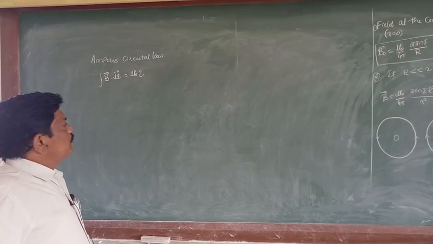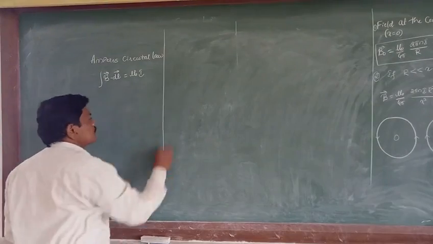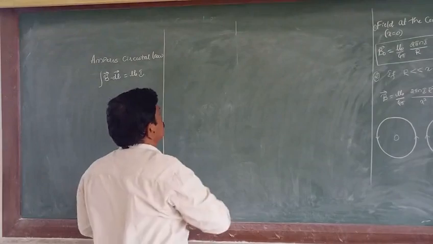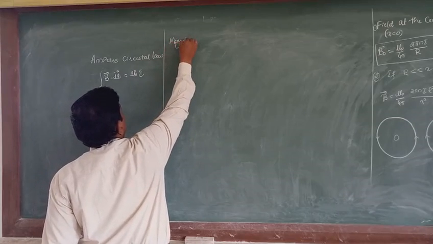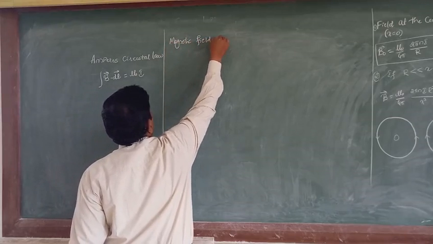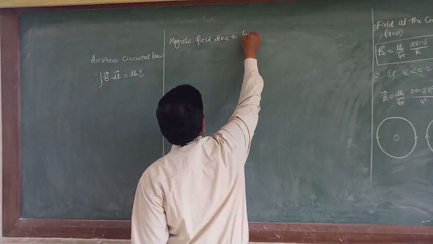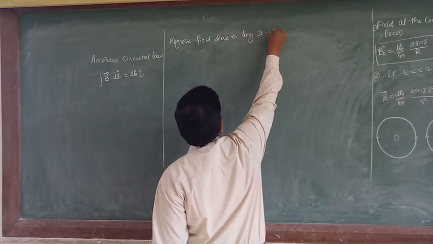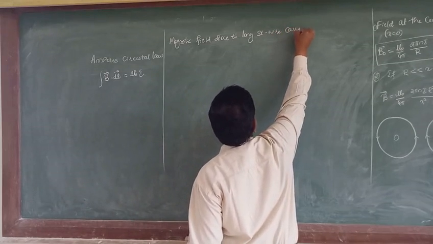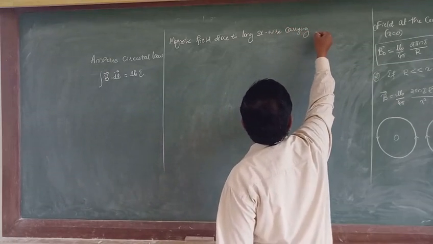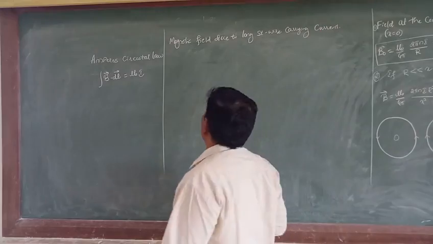Okay. So now, by knowing about Ampere's circuital law, let us discuss the magnetic field due to a long straight wire carrying current.